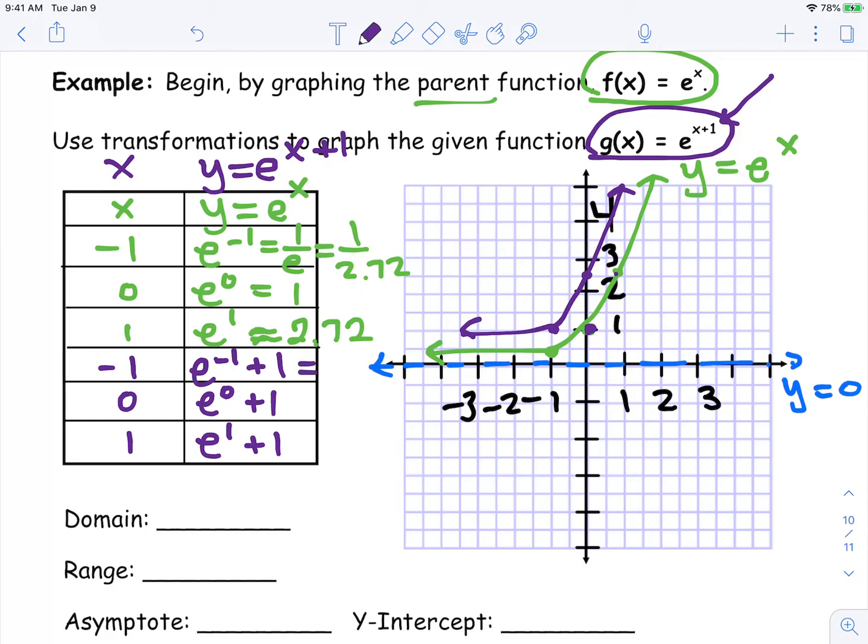So this represents about 1/3 plus 1. This is 1 plus 1, which is 2. And this is about 2.72 plus 1, which is 3.72. So that's the other way to do it, is to get your ordered pairs by evaluating the function.